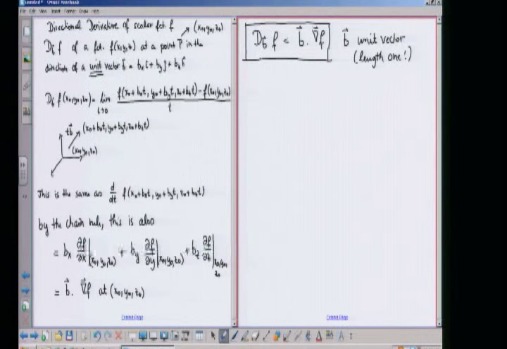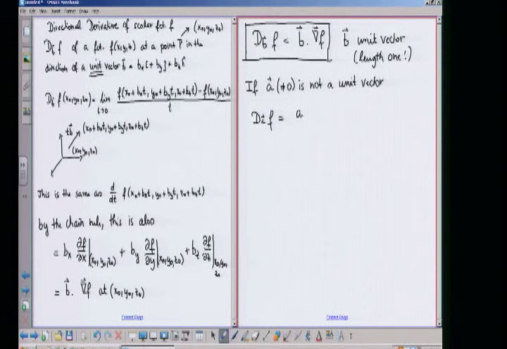So if we take another vector A, which is not a unit vector, and we calculate the directional derivative in the direction of A, dA of f, we have to divide by the length of A. This is just the definition.